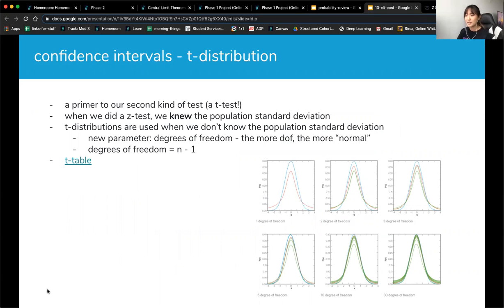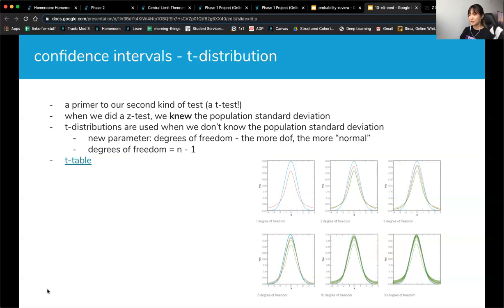So whenever we're using a t-distribution, it's when we don't know the population standard deviation. Tomorrow's statistical tests will be scenarios where we'll be using the t-distribution and t-tests. And I will say t-tests are probably the most common kind of statistical test. When we talk about A/B testing, we will be conducting t-tests.